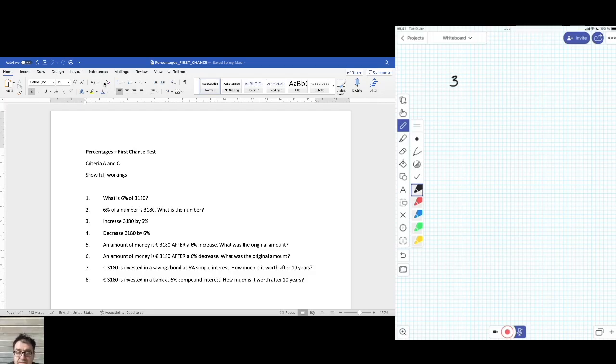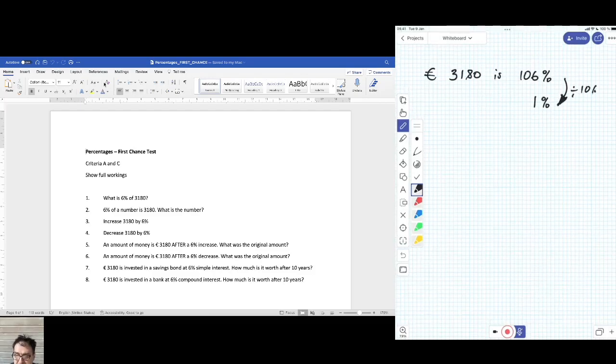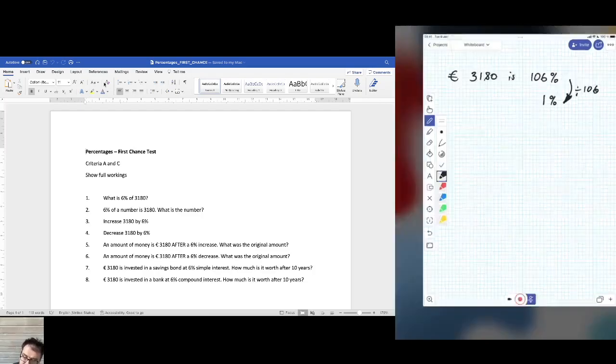So you've got to say 3180, and it's euros, so we're talking about money, and it's going to be therefore to 2 decimal points, is 106% of the original amount, because it's had the 6% added on, and this is the amount afterwards. So once again, we're going to try and find out what 1% is, and we're going to get from 106% to 1% by dividing by 106. So I'm just going to do that on the calculator.